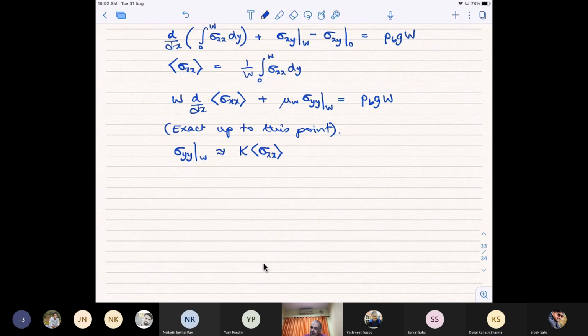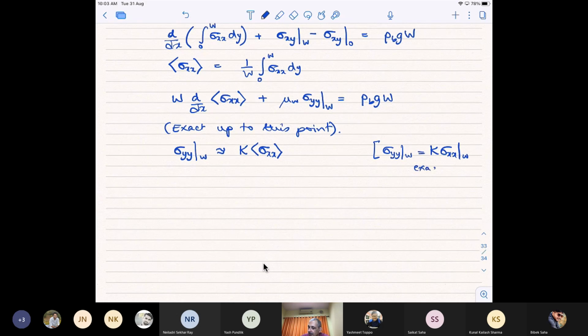If we wanted to be really exact, I would have put sigma yy at W is equal to k times sigma xx at W. This is what I should have written. This is the exact equation, but this one is an approximation. So this is the main approximation that we make.